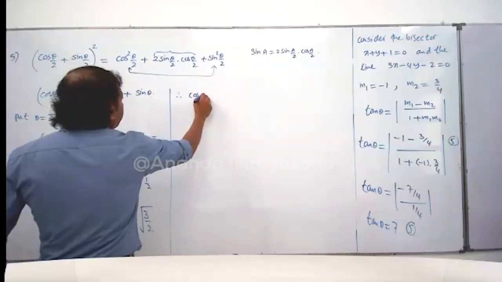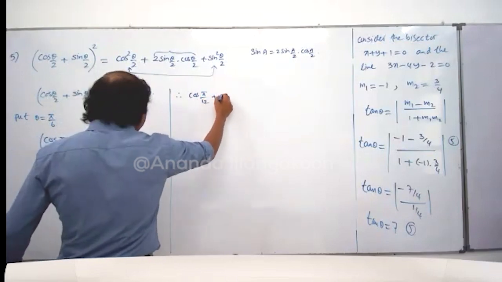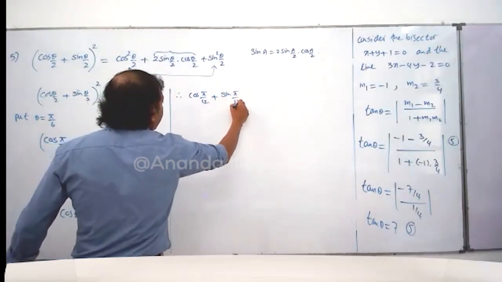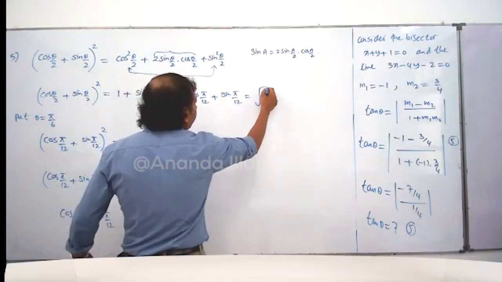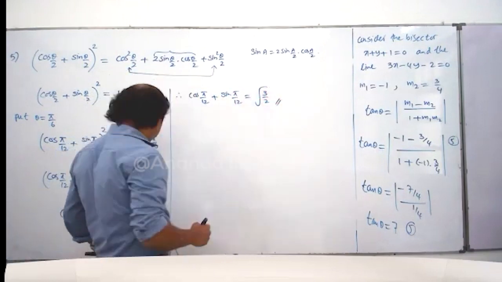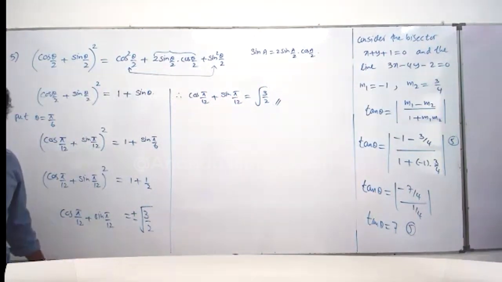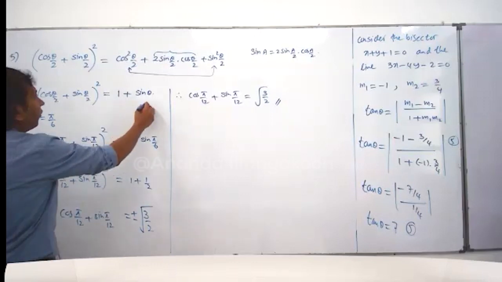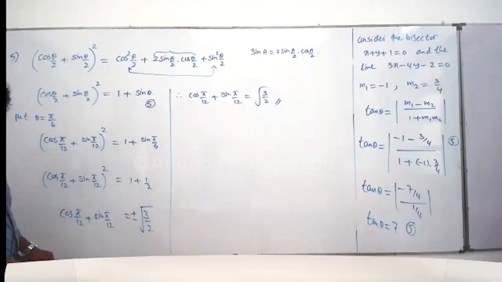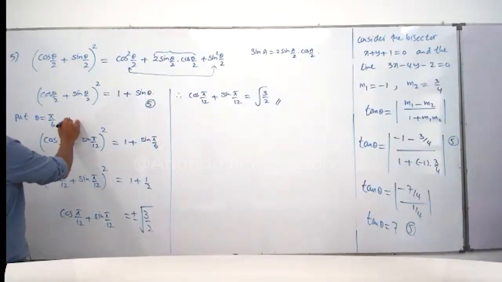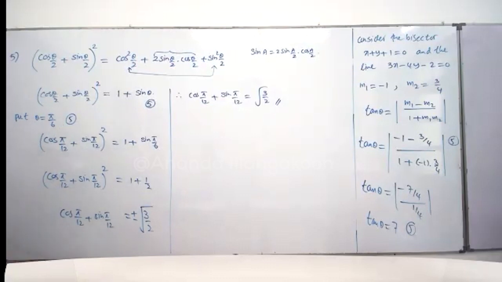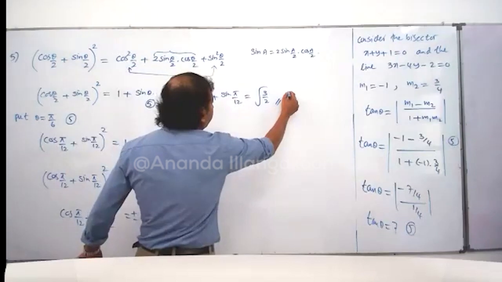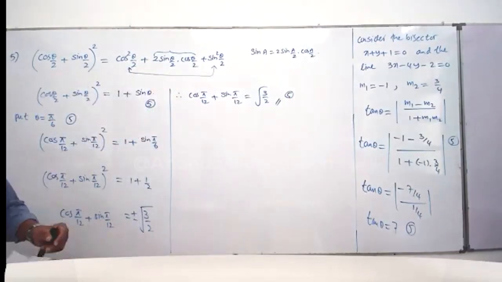Therefore, cos pi by 12 plus sin pi by 12 is equal to this. That's the answer, because the reason is it should be positive. The marks come in here: showing this one, 5 marks. Putting theta pi by 6 here, deciding this, 1 mark, and getting this answer, 1 mark. Okay. Other part is there.